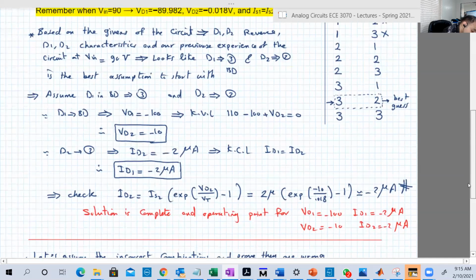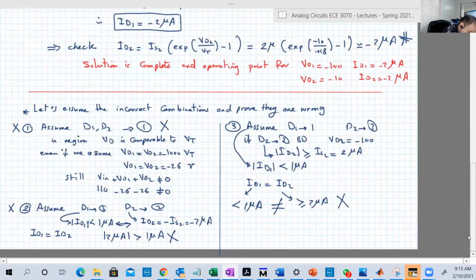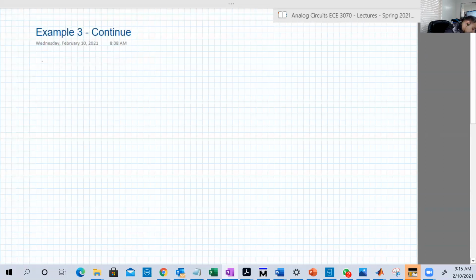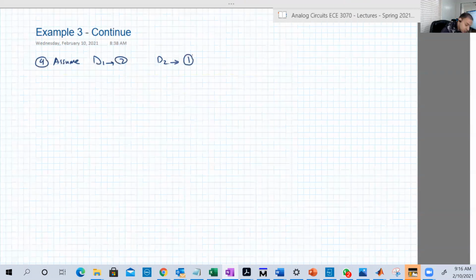Let's continue. Now we go to region 2 and let's do it in another. So let's assume number 4 here. Assume that D1 is in 2 and D2 is in 1. D1 is in 2, that means that ID1 equal to minus IS1.